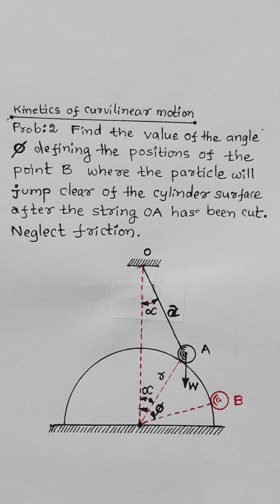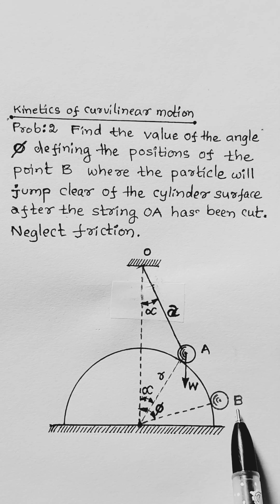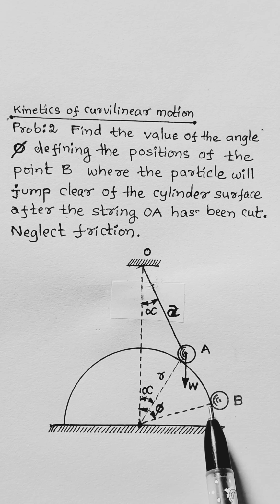After the string OA has been cut, the particle starts moving from A to B and then jumps clear of the cylindrical surface. At the time of leaving the cylindrical surface, the reaction force generated at the point of contact between the particle and the cylindrical surface is considered as 0.